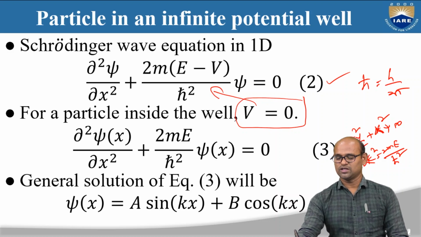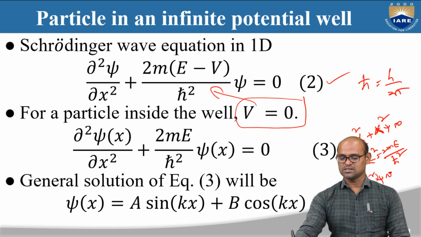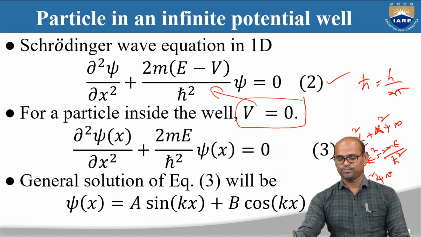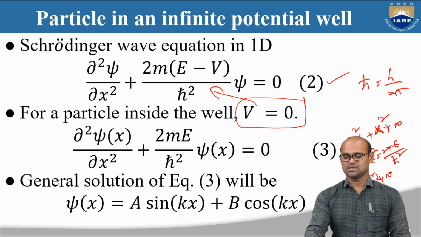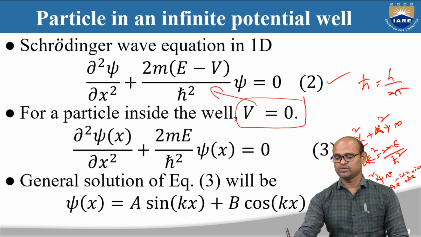When you solve D square plus alpha square into psi equal to 0, you will come up with roots plus or minus i alpha, and you can write the solution in terms of exponentials: psi of x is equal to A e power minus i alpha x plus B e power plus i alpha x.